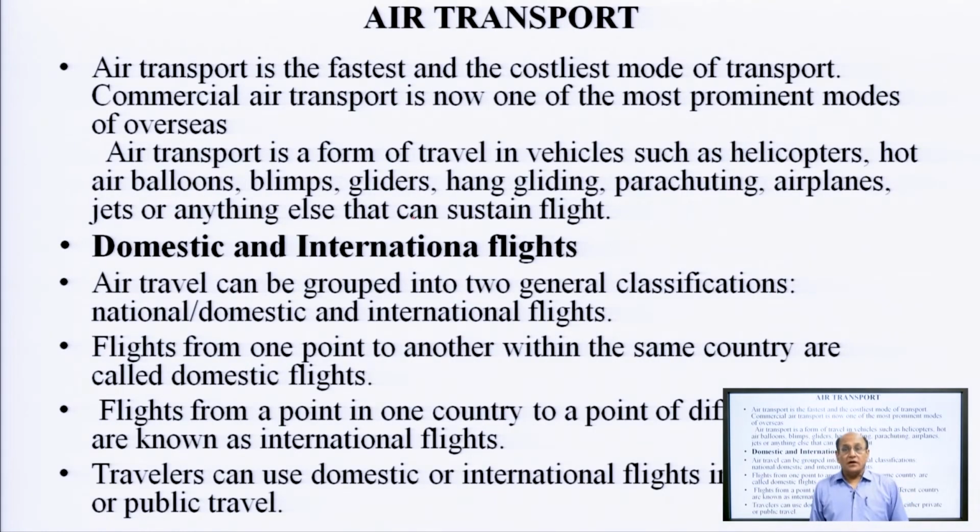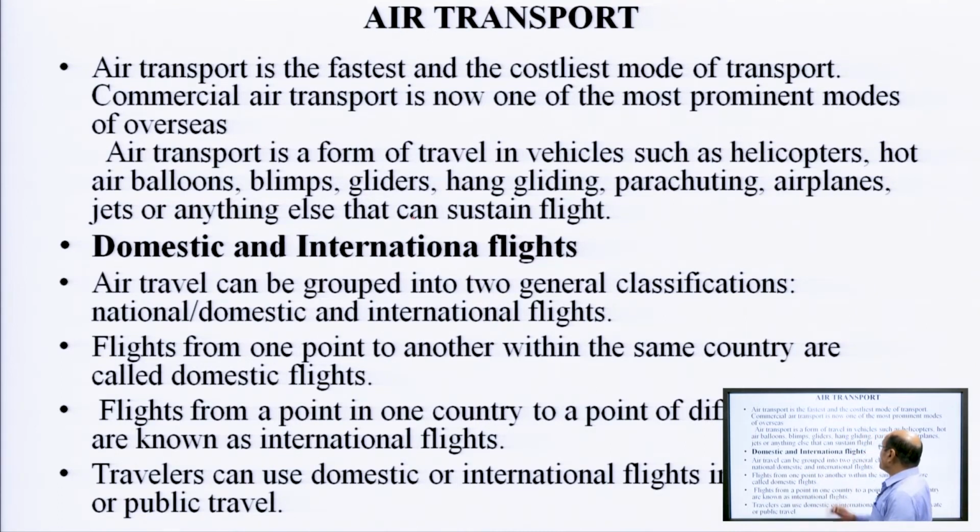Now, come to air transport. Air transport is the fastest and the costliest mode of transport. Commercial air transport is now one of the most prominent modes of overseas transport.